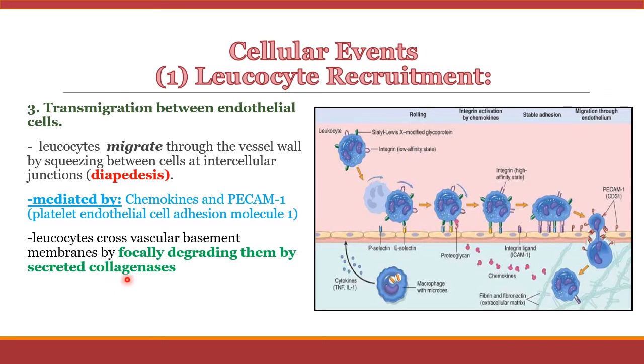Collagenases are going to degrade or destroy the basement membrane that is formed of collagen. So collagenase is going to break up or destroy the collagen focally, which means in small areas at the site of exit of the neutrophils, so that they don't have any barriers to go out of the blood vessel.